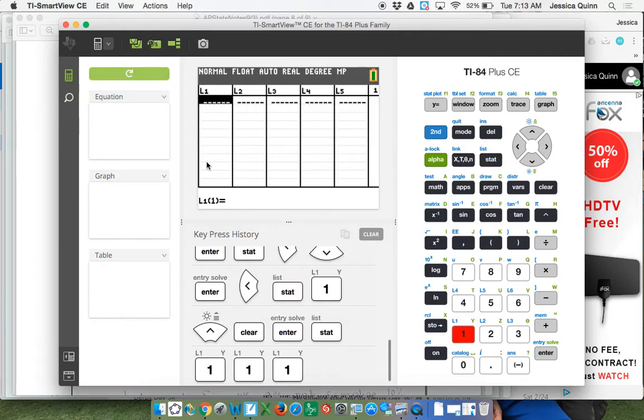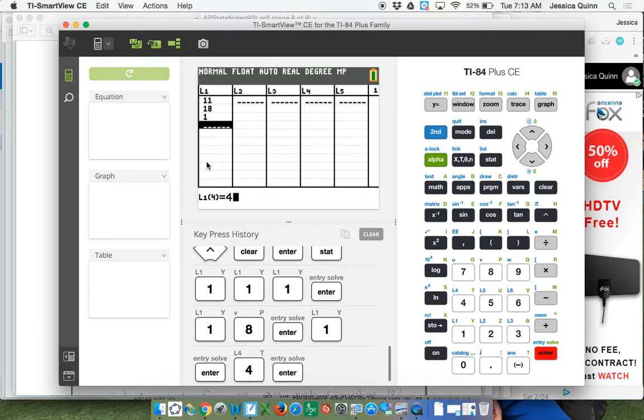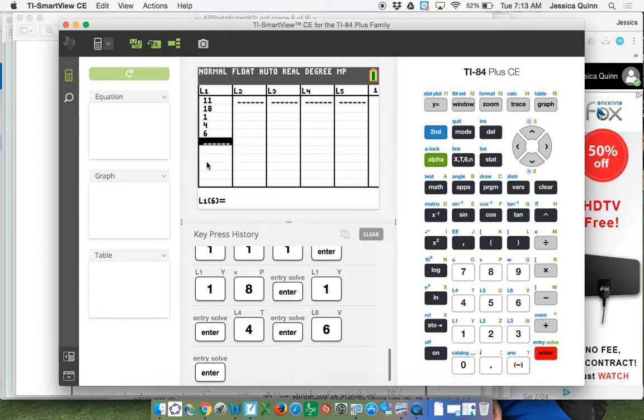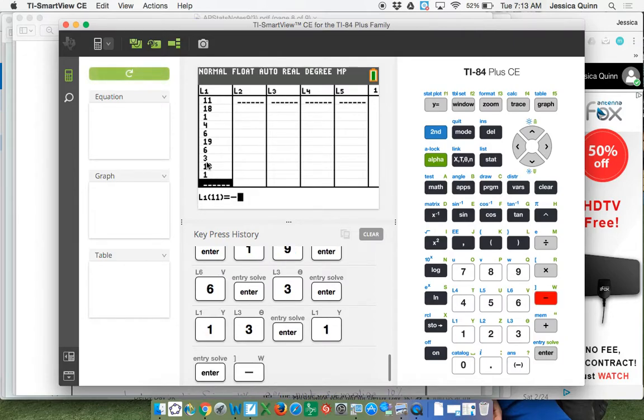So the values are 11, 18, 1, 4, 6, 19, 6, 3, 13, 1, and negative 1.